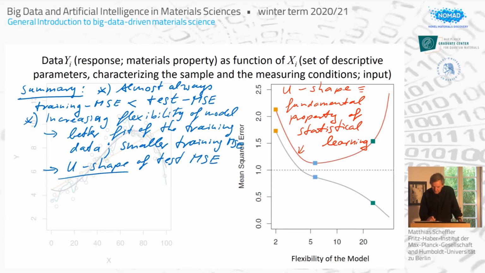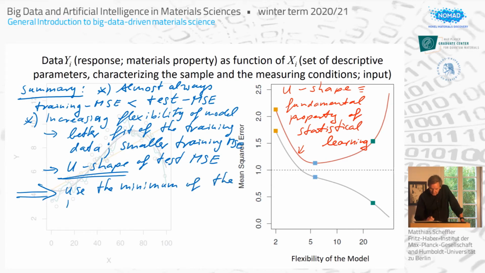And this U shape has a very important consequence because that tells us what we in fact should take as the best quality fit. The message obviously I think is use the minimum of the test MSE.